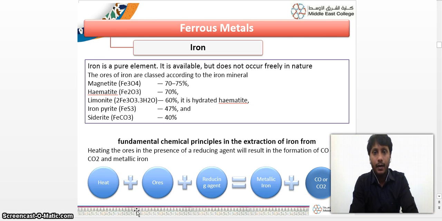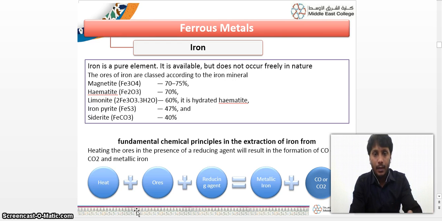First we discuss iron. Iron is a pure element. It is available but does not occur freely in nature. The ores of iron are classified according to the iron mineral. So you just go through these.